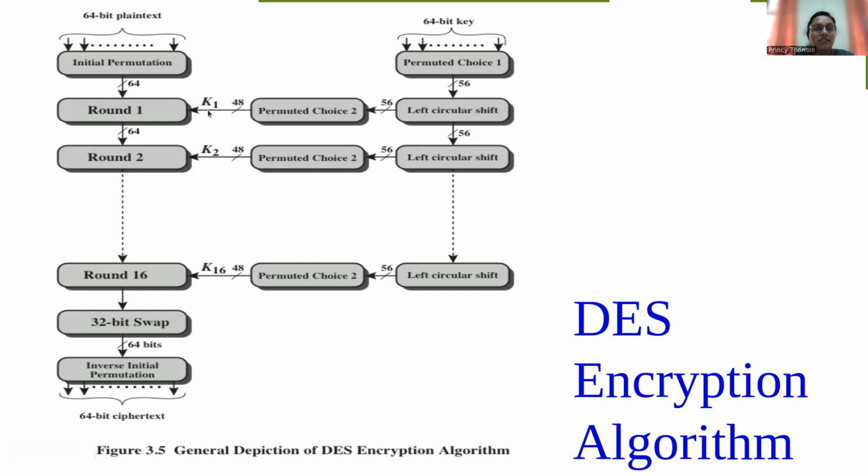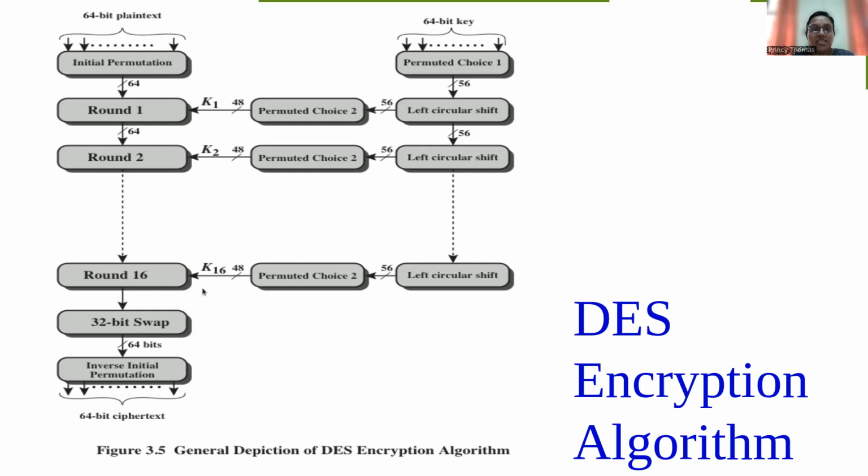And then there are different rounds. Inside the rounds, there is a confusion and diffusion section, which we'll be looking at later. We will look at each round separately. We know that there is a key of 64 bits, which is not directly used. From that, permutations and left circular shifts are done, and only a 56-bit sub-key is used in each round.